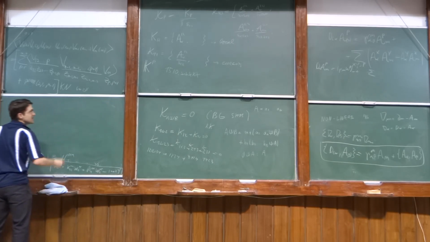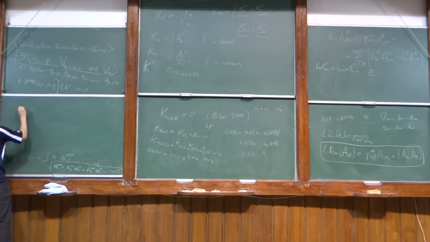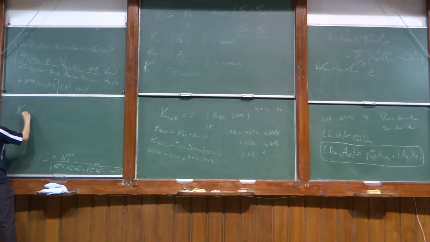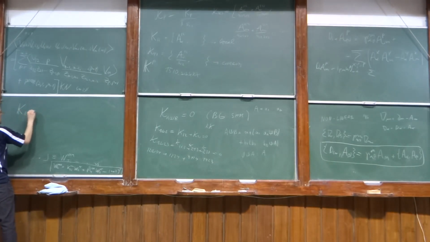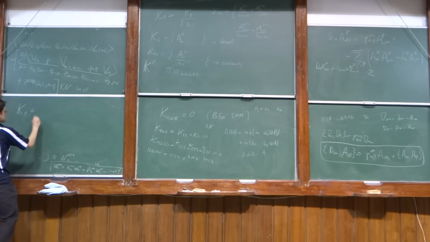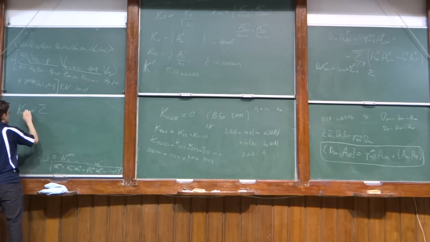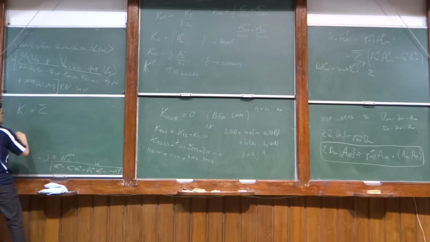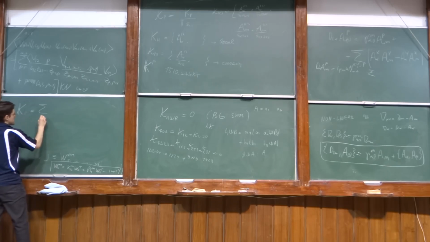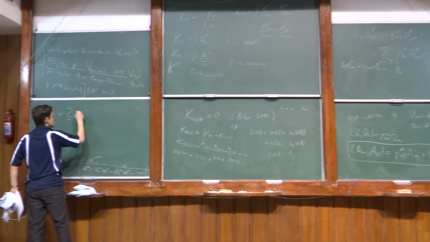So what you do is you define the blackboard boldface K as a sum. Actually, there is no P there. I'm going to write it in some schematic way, and then I will explain.